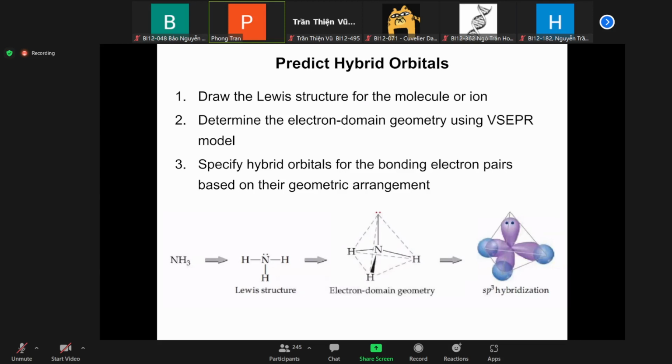First, you draw the Lewis structure, and then you know that the nitrogen atom will have four electron domains. So you arrange in the four electron domain geometry. So that means nitrogen needs to have the sp3 hybridization. That means one s, three p to satisfy the four electron domains.